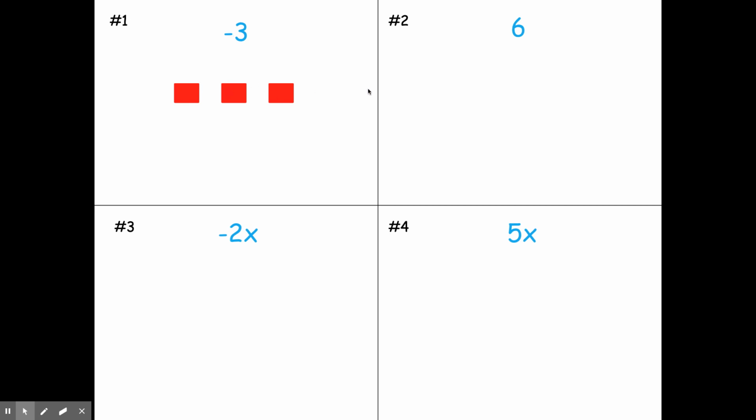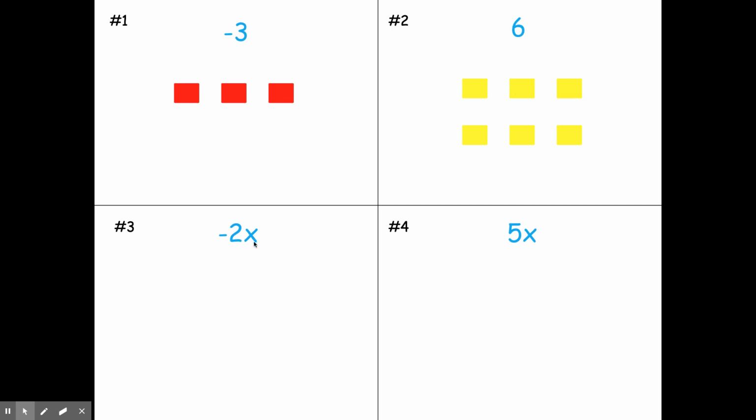In box 2, I have a +6. So I need 6 tiles, and those tiles can be either red or yellow. Well, because this is a +6, I'm going to use 6 yellow tiles. So I've got 6 tiles, 1, 2, 3, 4, 5, 6. It's a +6, which tells me I need 6 yellow tiles.